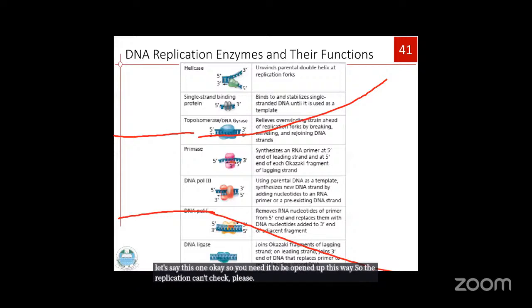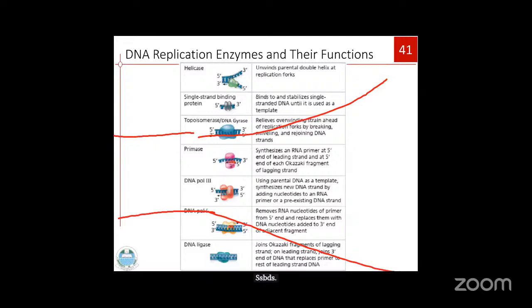Then as the DNA strands open up, there is an enzyme that prevents them from reannealing or closing up again. That enzyme is known as topoisomerase or DNA gyrase. Sorry, no, single-stranded binding proteins, SSBs.